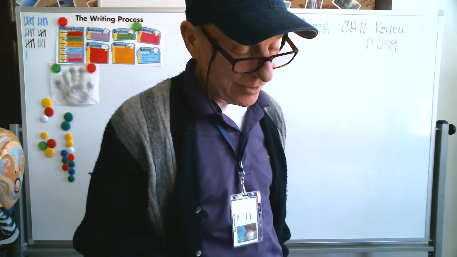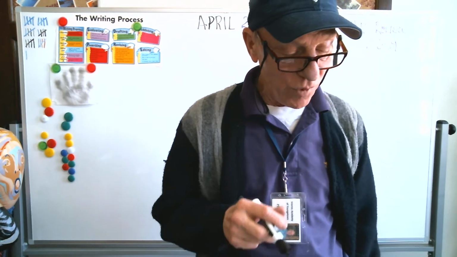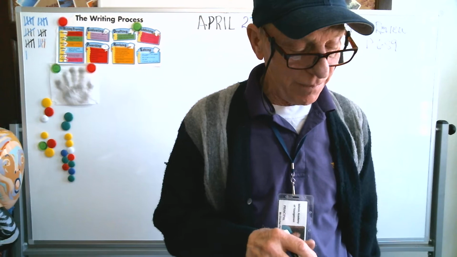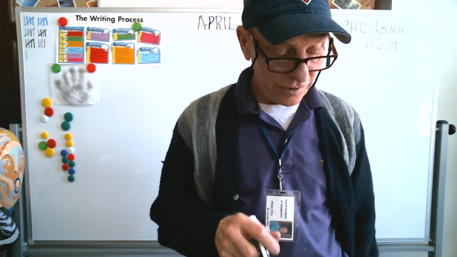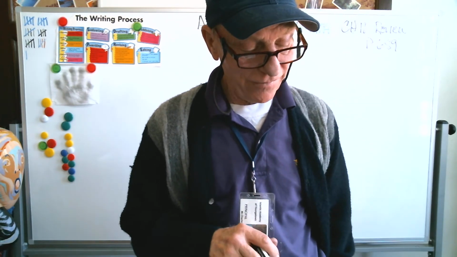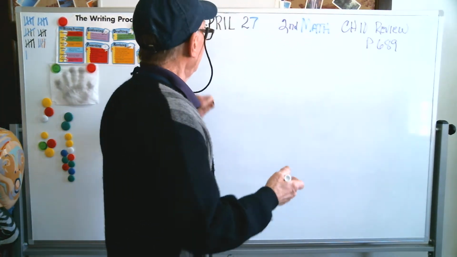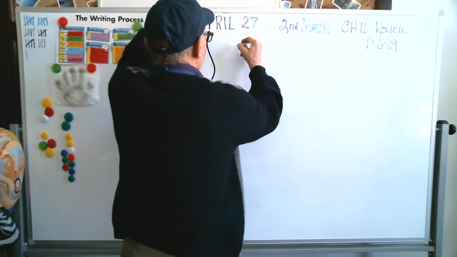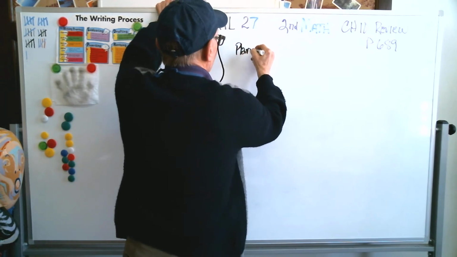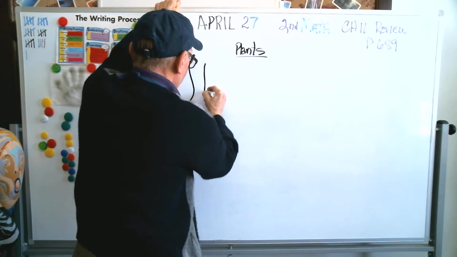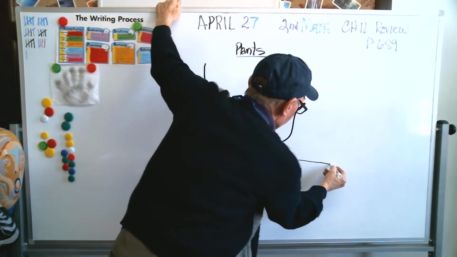Next page, 690. Teresa counted the leaves on her plant once a month for 4 months. Describe how the number of leaves on the plant changed from May 1st to August 1st and make a bar graph to solve the problem. So for our bar graph, we're going to have the plants as our title.